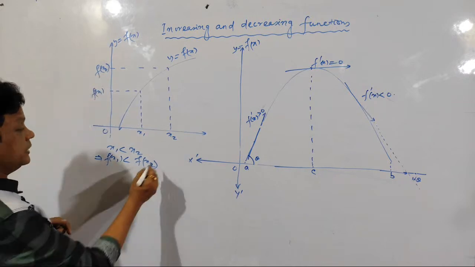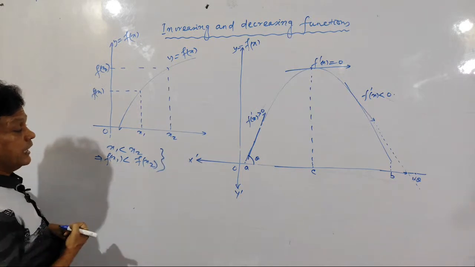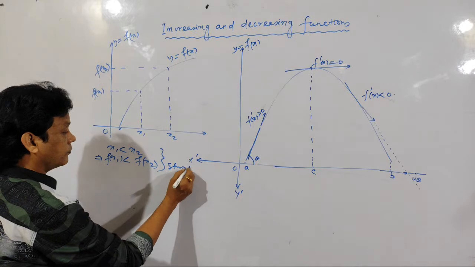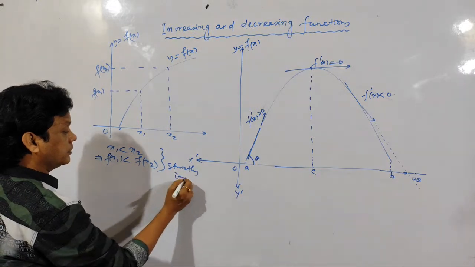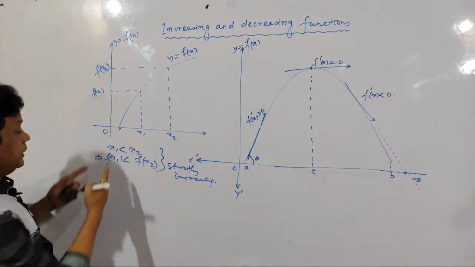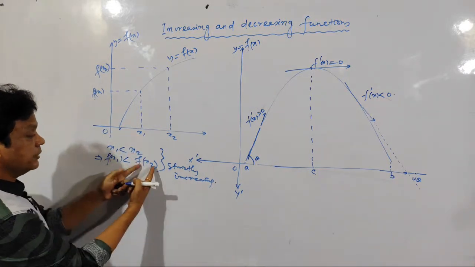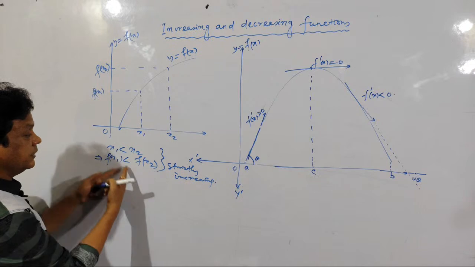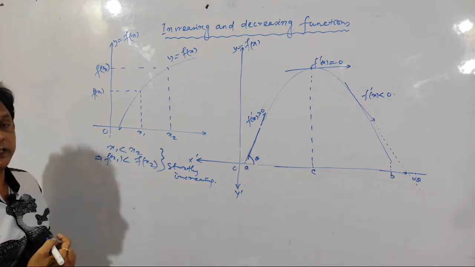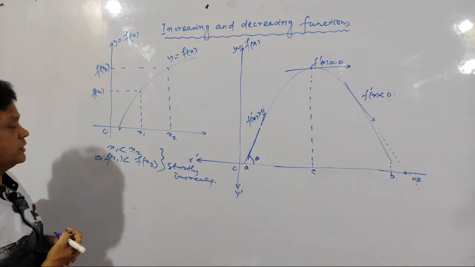So this is the definition of increasing function, and you may say strictly increasing. See here, x1 less than x2, f of x1 less than f of x2. Sign is same. So in this case you can say strictly increasing or simply increasing.